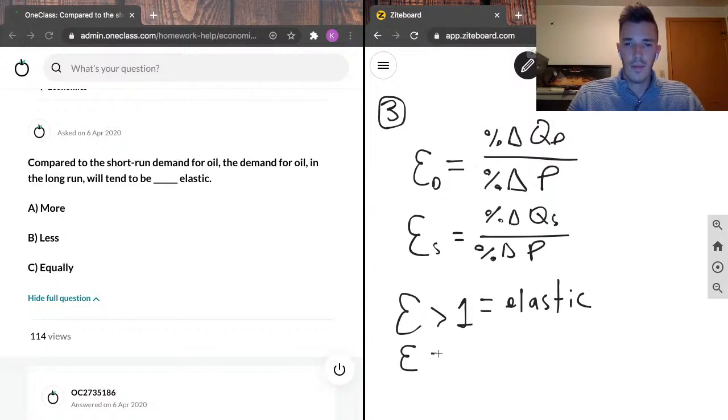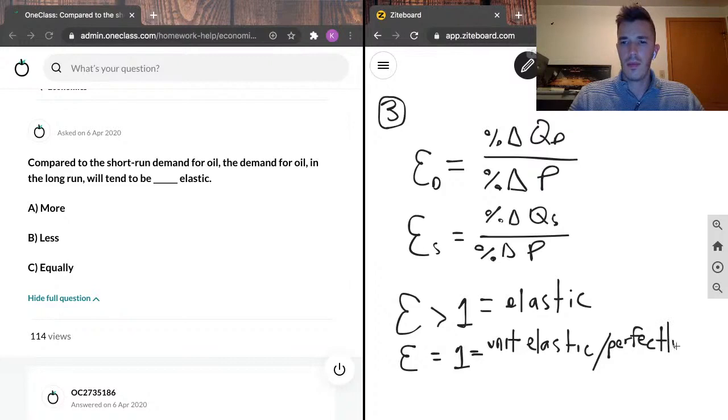It can be equal to 1. And in this case, we say that it is either unit elastic, or we say that it is perfectly elastic.